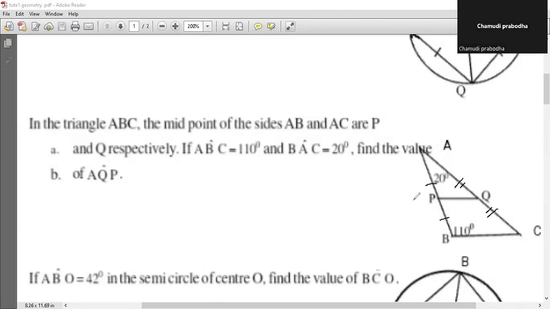Then we can apply the midpoint theorem. So what is the midpoint theorem? Midpoint theorem is the straight line joining the midpoints of two sides in a given triangle.